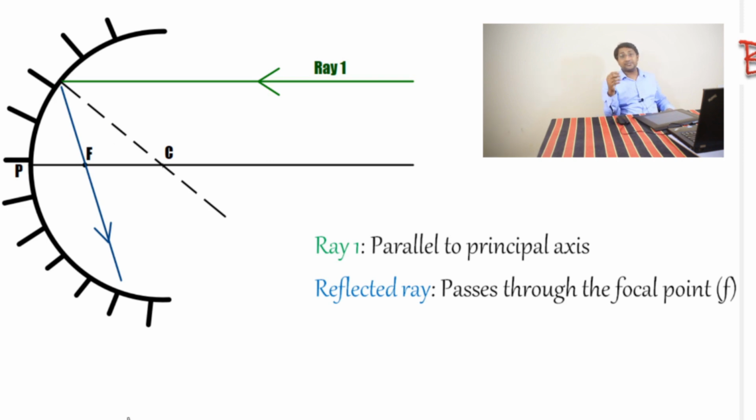It's Fermat's principle: angle i is equal to angle r. Angle of incidence is equal to angle of reflection. So, if it is a 40-degree angle here, it should be a 40-degree angle here. So, this is not like a rule or something, it naturally happens. Any ray parallel to the principal axis will pass through the focal point of that mirror. Okay, so that's ray 1 or representative ray 1.